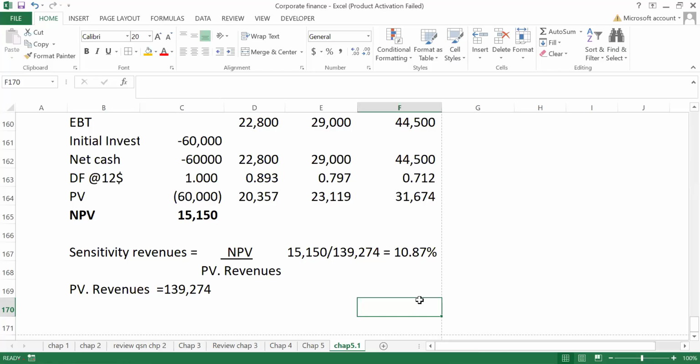Zero or negative? It does not go negative, but it becomes zero.